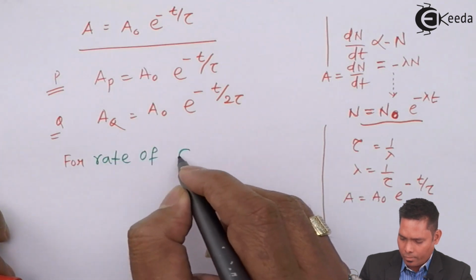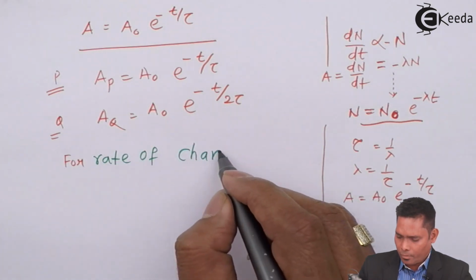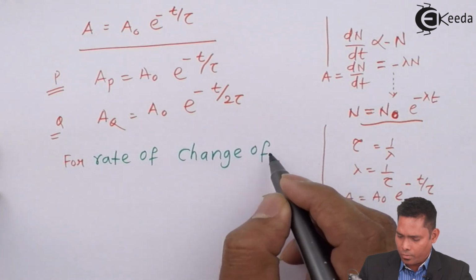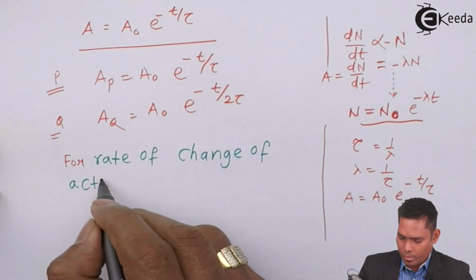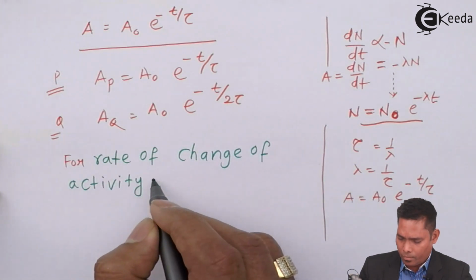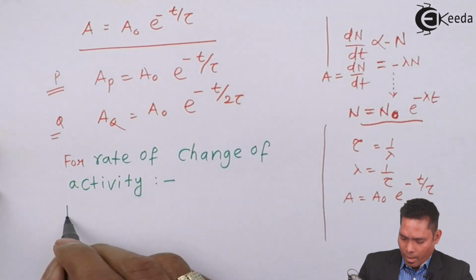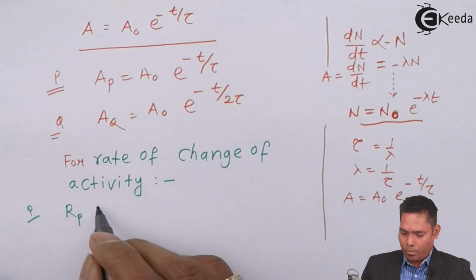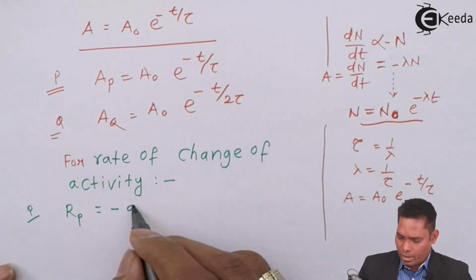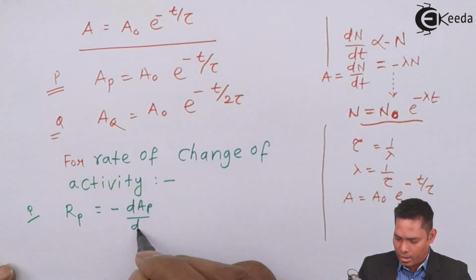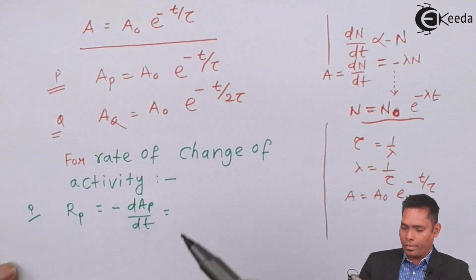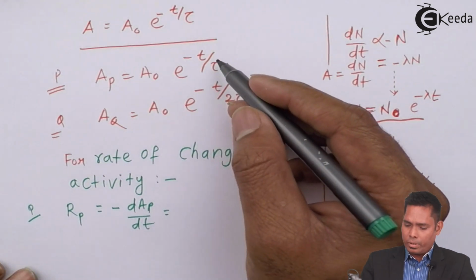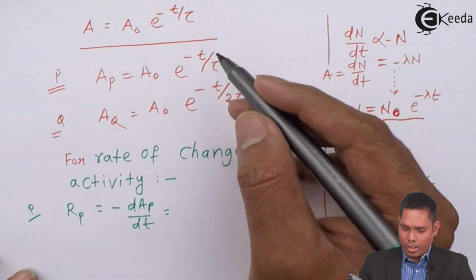For material P, RP will be minus dAP upon dt.